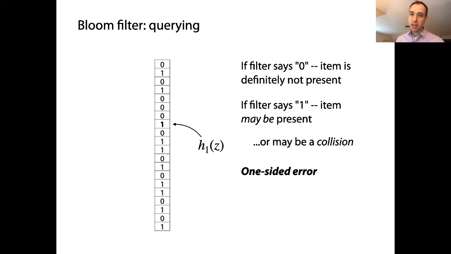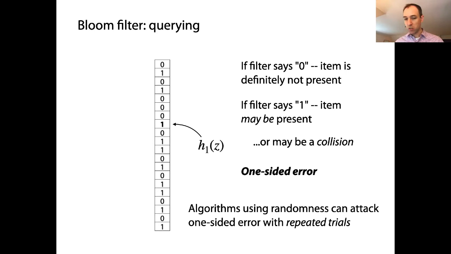And that's a good thing, because when we can only make a mistake in one direction, then we can use another tool at our disposal, which is the randomness in the hash functions, to try to drive down the possibility that we make an error. Algorithms using randomness can attack one-sided error with repeated trials.